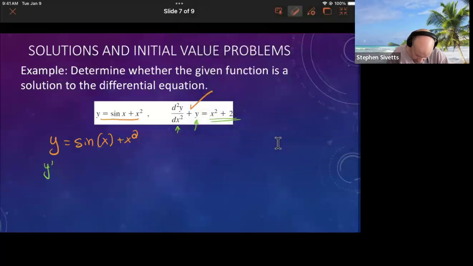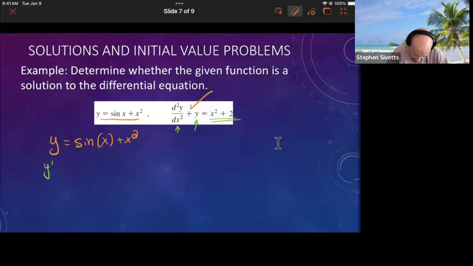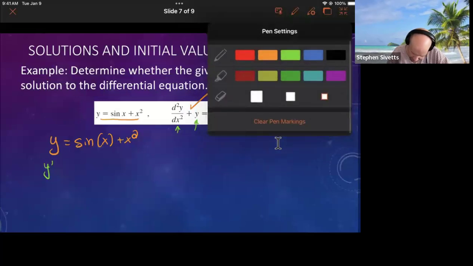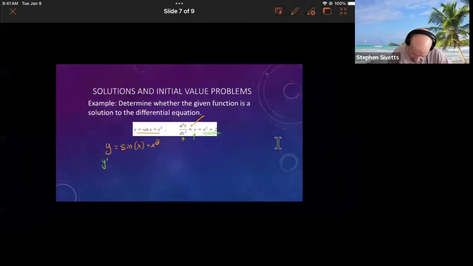There are different notations for derivatives that you'll see. Let me zoom out here real quick.